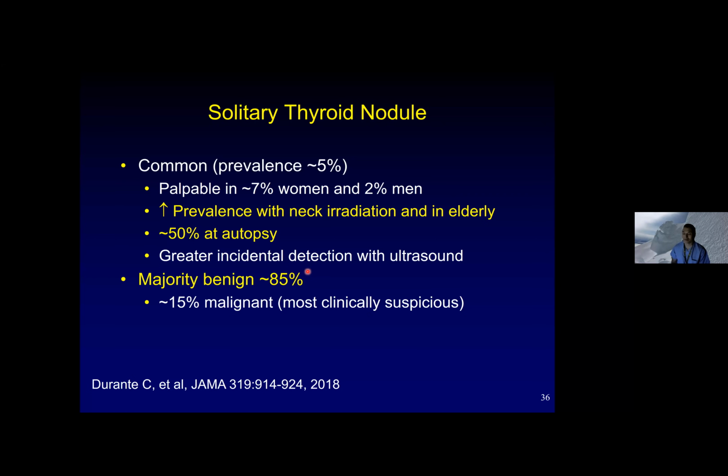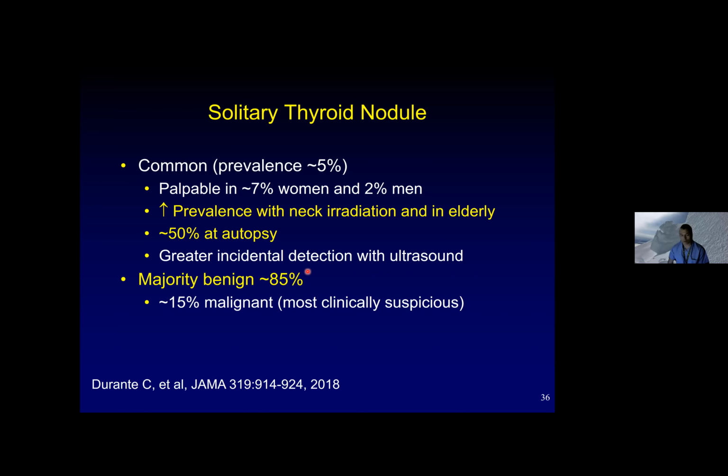Now that we're doing ultrasounds of the neck and CTs of the neck for other purposes, a lot of these are being detected incidentally and are being referred for evaluation. The good thing is that the majority of them are benign, but not all of them. About 15% can be malignant.